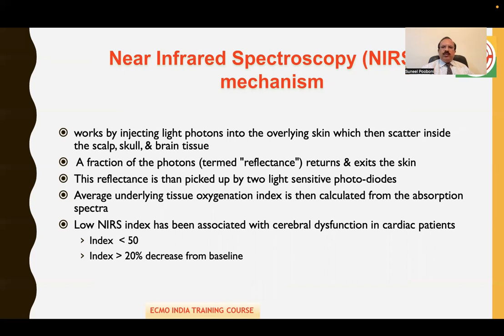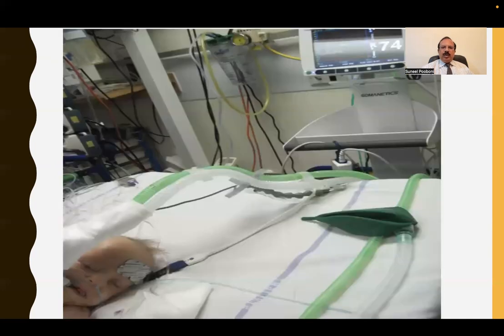A fraction of these photons are reflected back, and this reflectance exits the skin and is picked up by the two light-sensitive photodiodes. So, we read this number and we can compare the somatic saturation versus cerebral saturation levels.